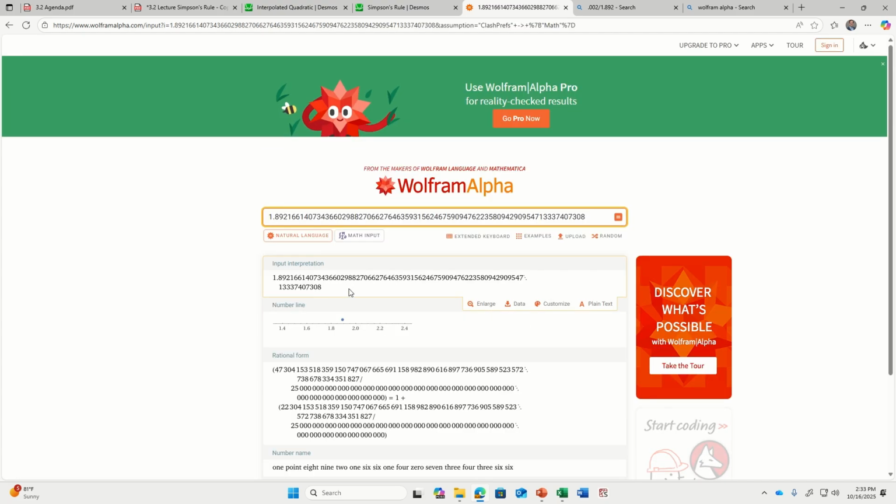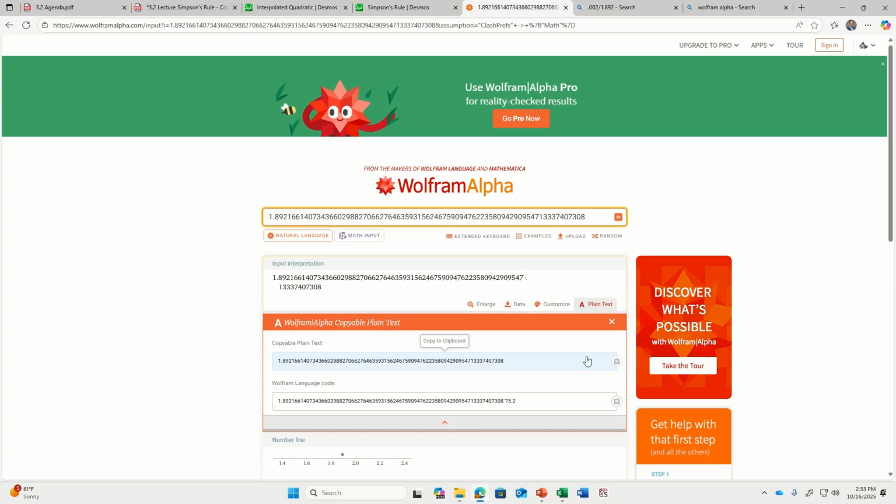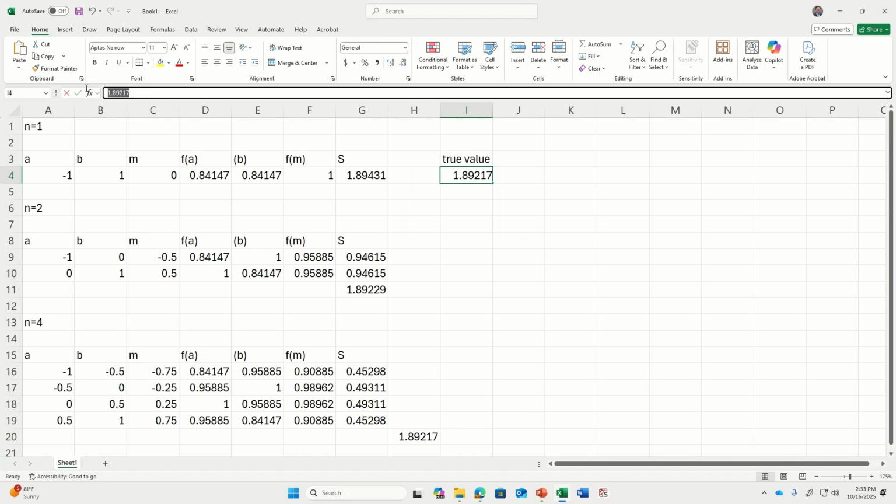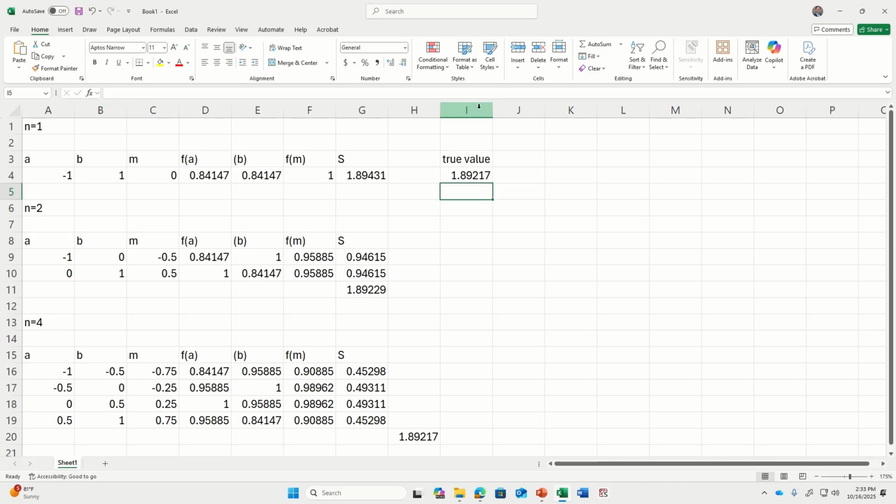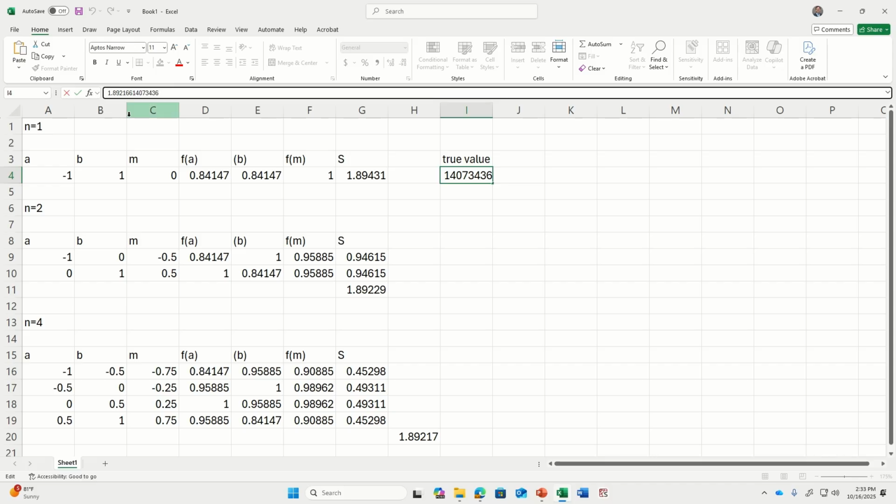Okay. That's enough. I wish it would let me copy that. Plain text. There it is. Okay. Of course, you guys know it's not actually going to store that. It's going to only store this, because that's a double precision floating point.